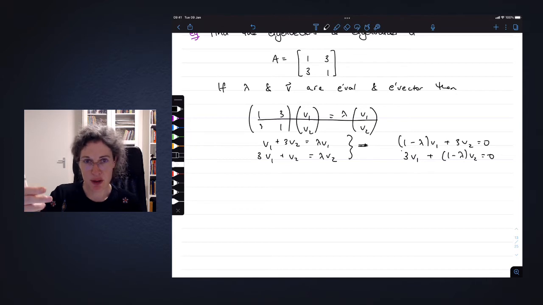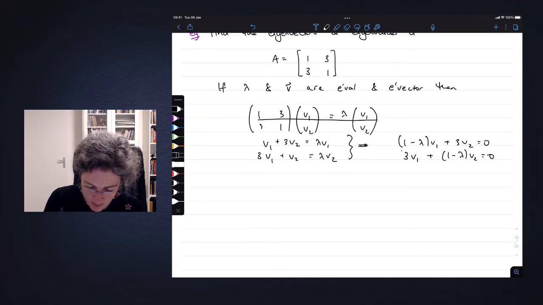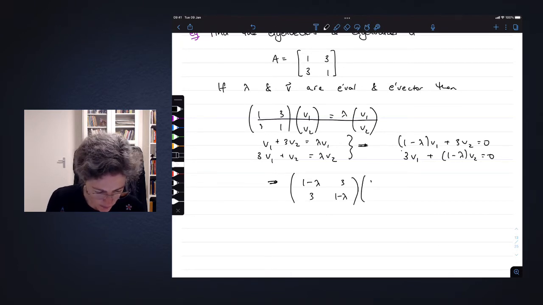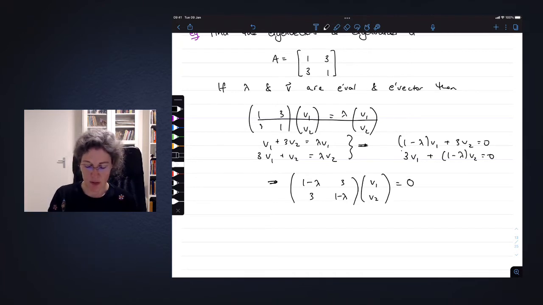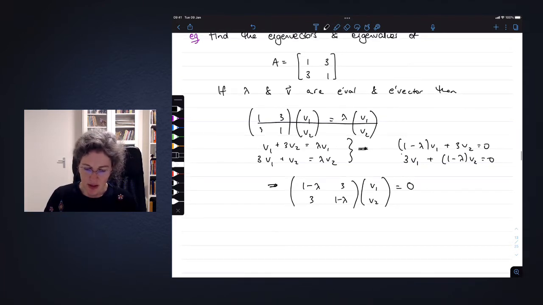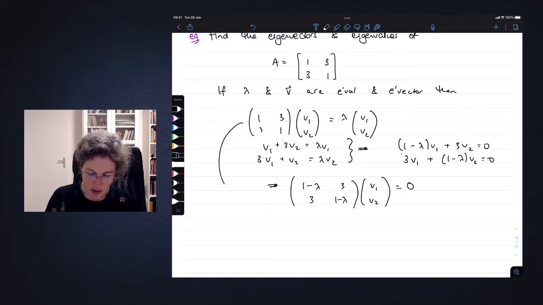Now I'm going to rewrite this as a matrix equation, because we'll see something important. All I've done is a little bit of rewriting, so I've just rewritten this equation.